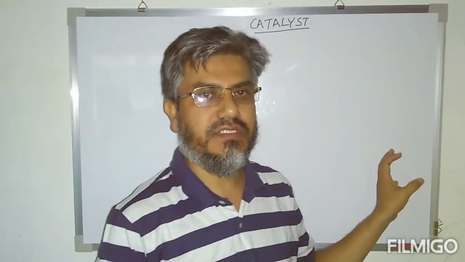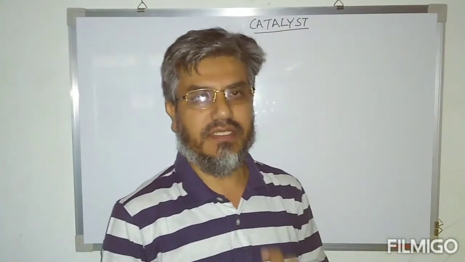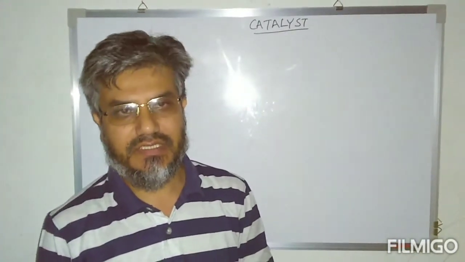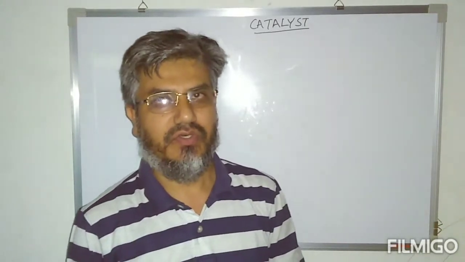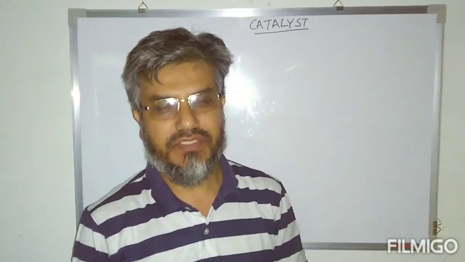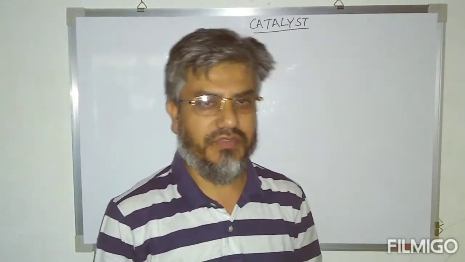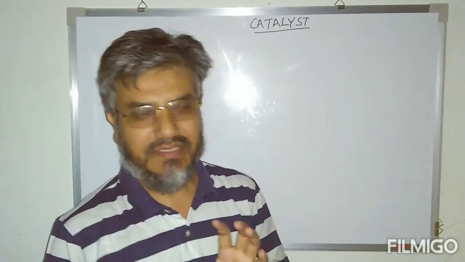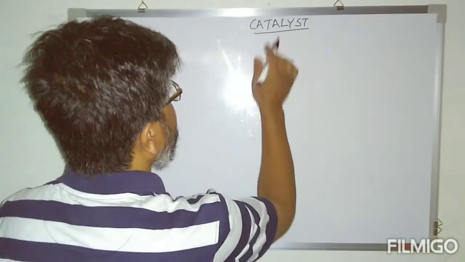As the activation energy of the reaction is decreased, the rate of the chemical reaction is increased. So normally when we talk about a catalyst, we simply say the one which increases the rate of a reaction.